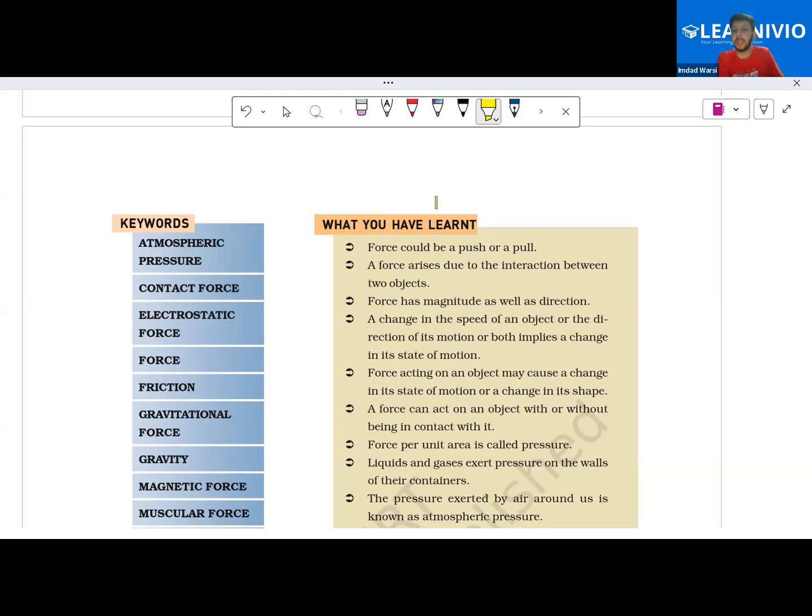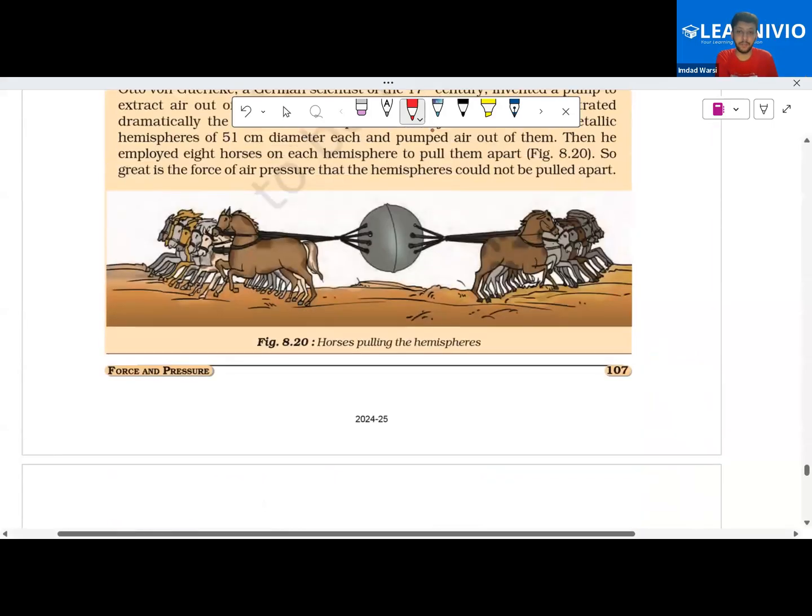And also we know that pressure is equal to force upon area, right? So talking about atmospheric pressure, how can we define it in terms of force and area? The force exerted by gravity. See, this is also given here.